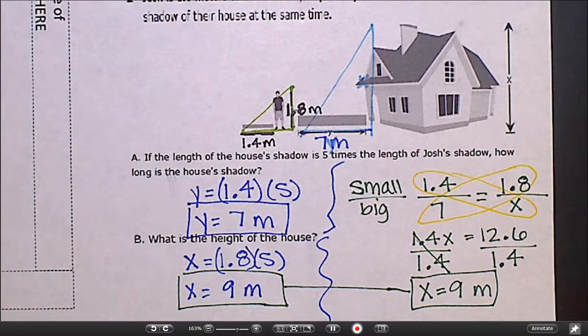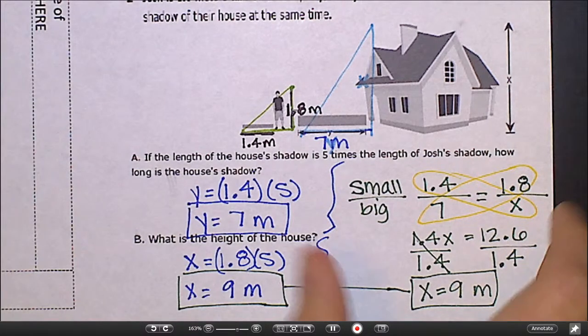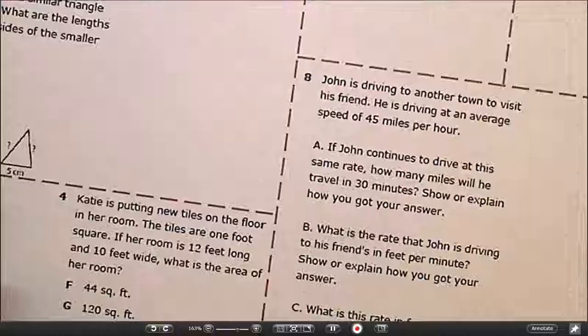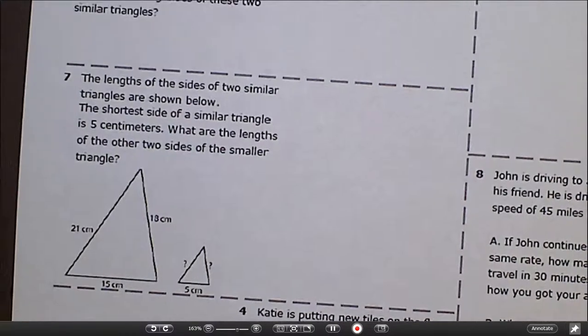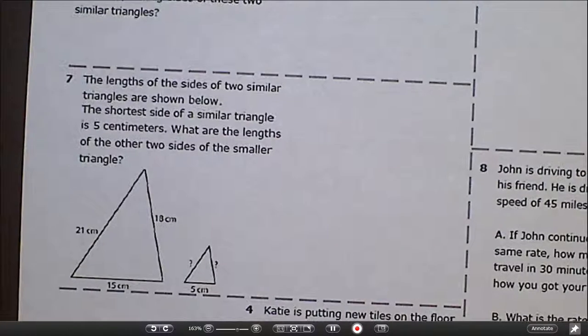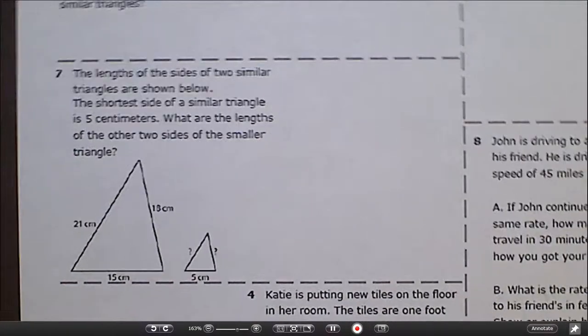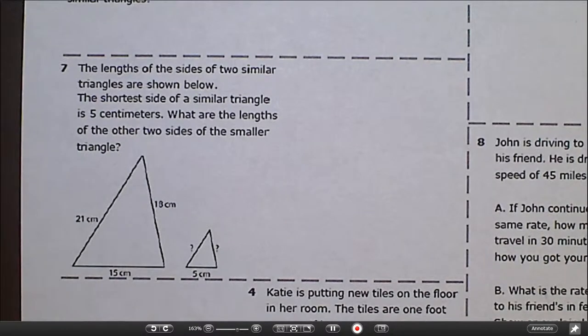So let's jump over to number 7. Jumping over to number 7. The question says the lengths of the sides of two similar triangles are shown below. The shortest side of a similar triangle is 5 centimeters.